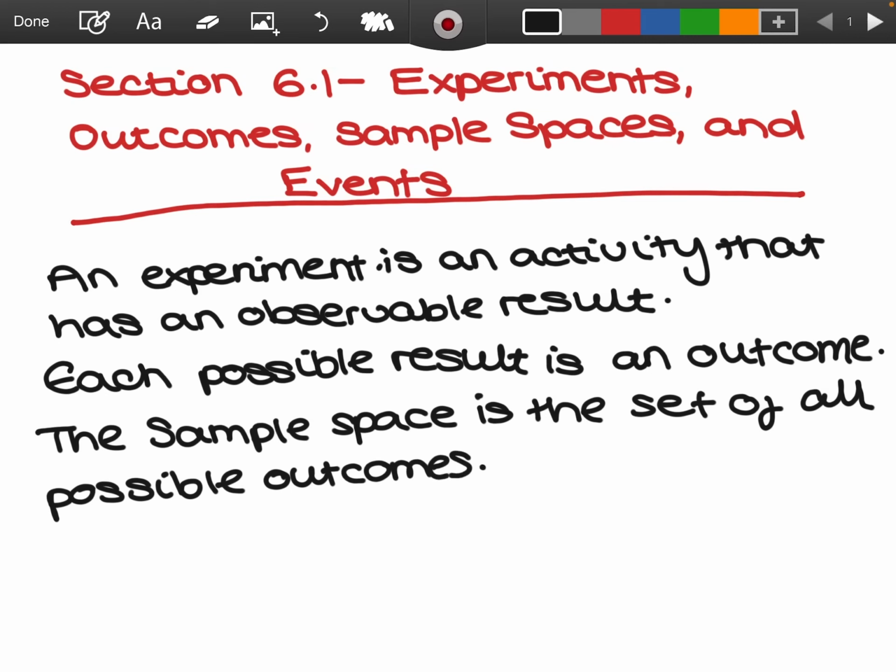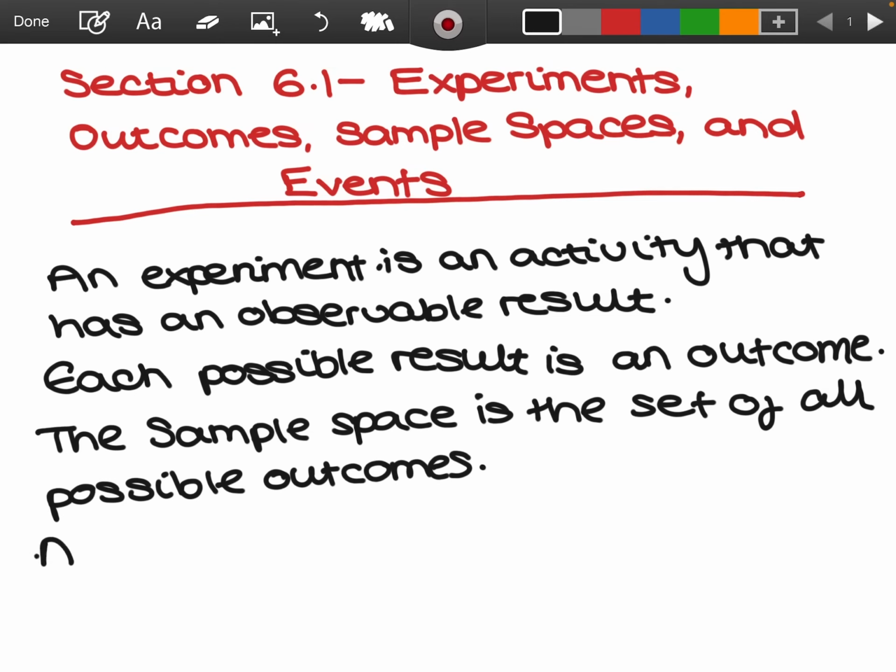And then an event is just going to be a set of these outcomes. It's a subset of the sample space. So an event for when we roll a die could be the event of rolling an even number. Okay, that's the set of outcomes 2, 4, and 6, which is just a subset of our sample space.